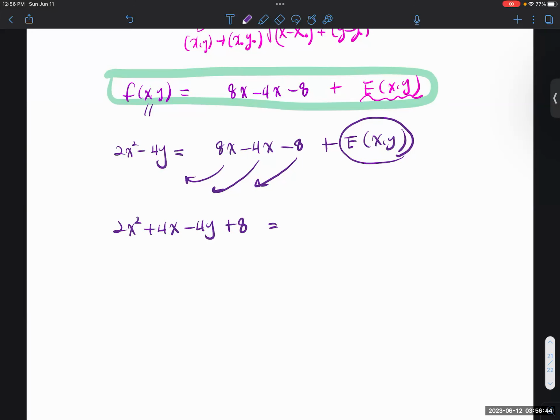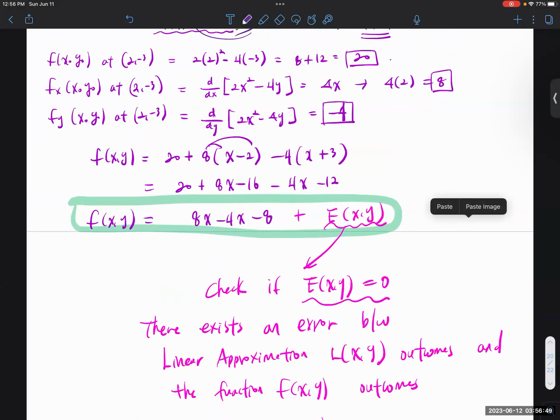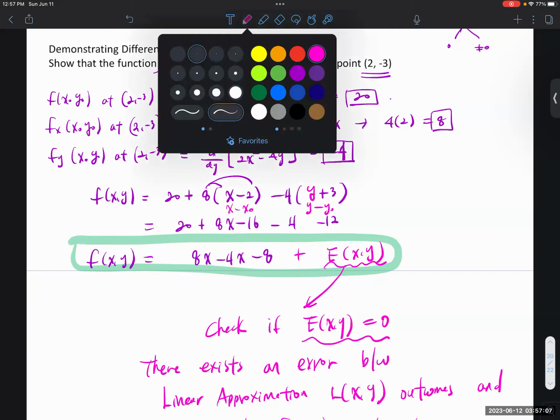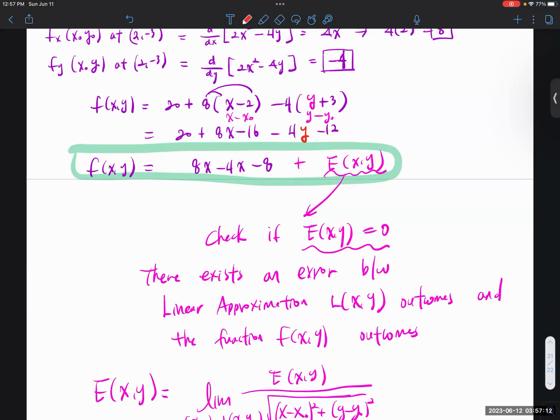Let me just double check. Did I write down the same thing? We have 8x minus 16. Oh, I have a little bit of an error. You see that? This one should be y, because this is x minus x0, y minus y0. So this one should be y. So 4y, my bad. So 8x minus 4y, 20 minus 16, negative 12.